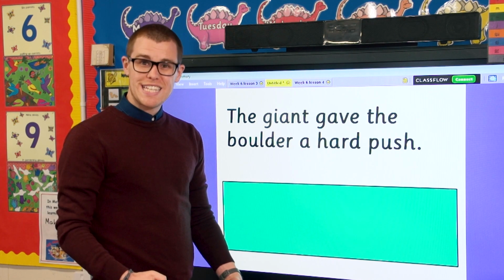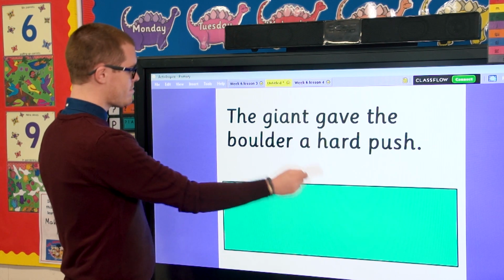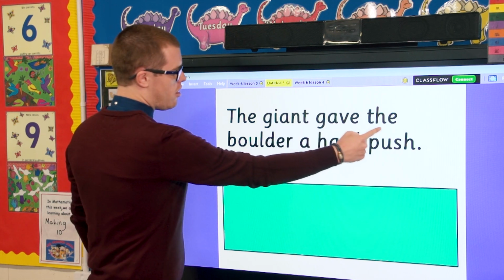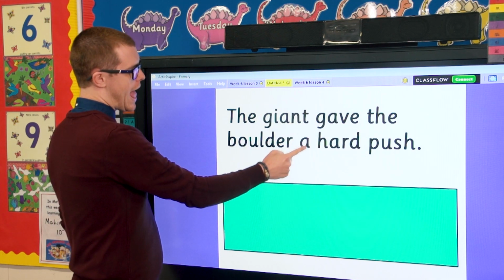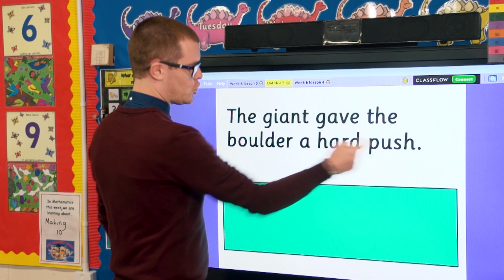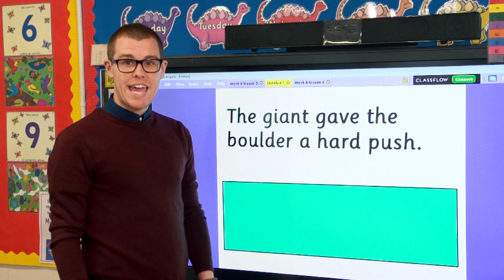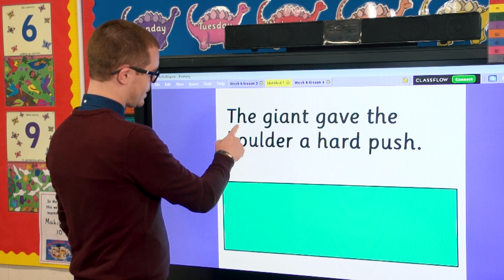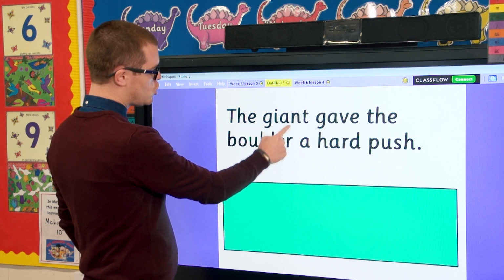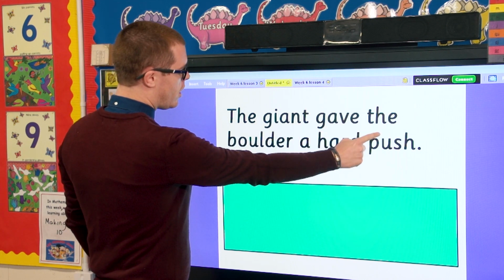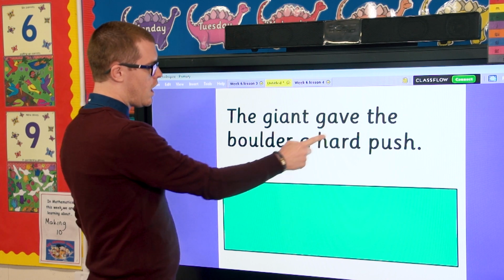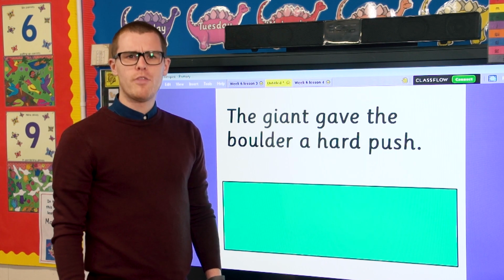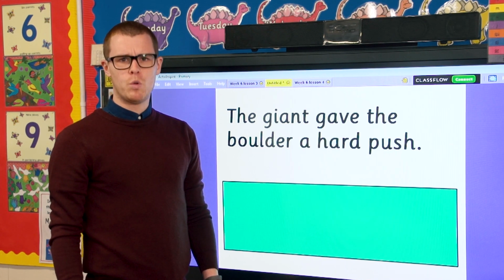Now, let's read the sentence together. The giant gave the boulder a hard push. Let's read it again one more time. Read with me as I point to the words. The giant gave the boulder a hard push. I wonder what the giant was doing with that boulder.